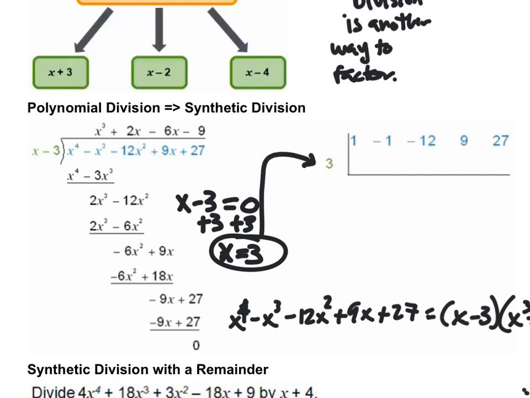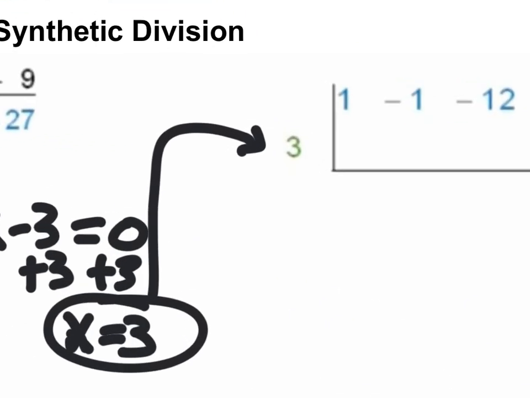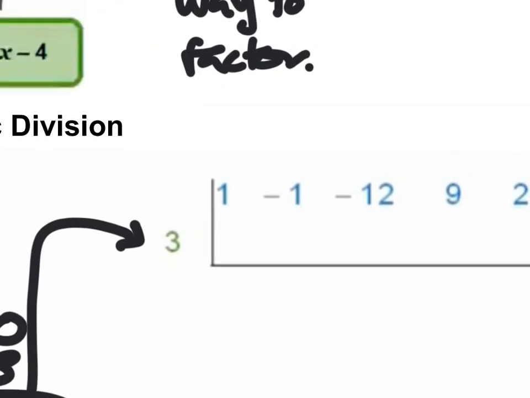So you take the divisor, set it equal to 0, solve for x, and that number becomes your divisor. So this number is always the opposite sign of the factor. I'm going to write that as well, that this 3 is the opposite sign of the factor.